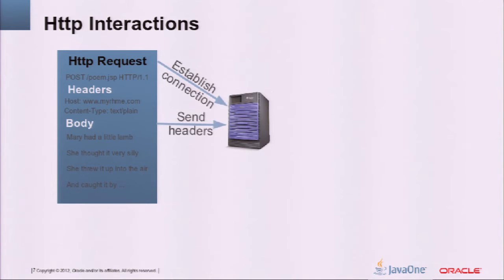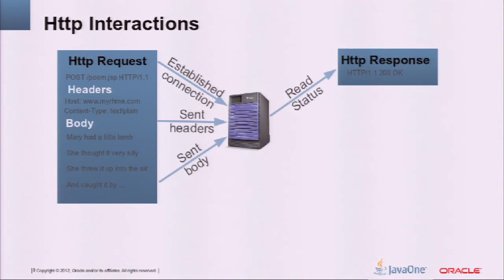The first thing that happens is the request properties and headers get sent to the server. Then maybe right after, maybe a little bit later, the request body, if present, is sent to the server. And the server has a little think. It will send back the status of the response, whether it's okay.